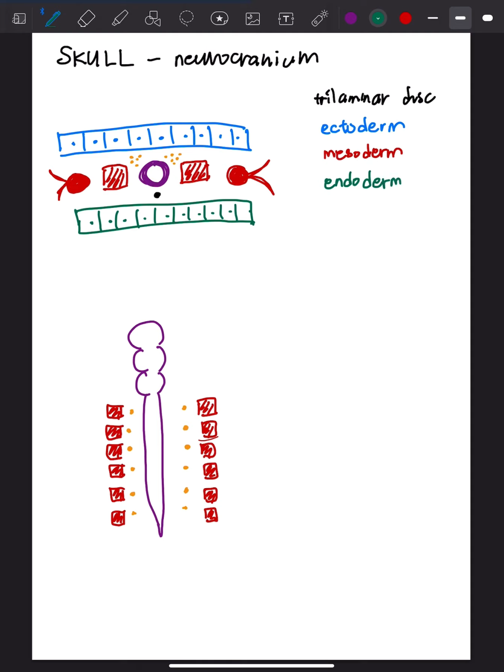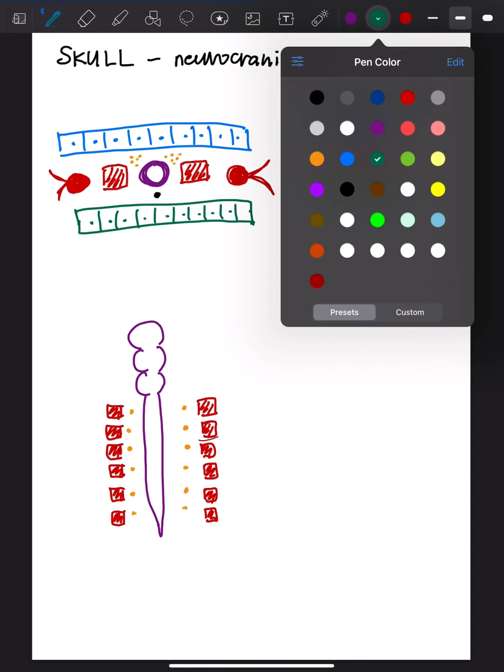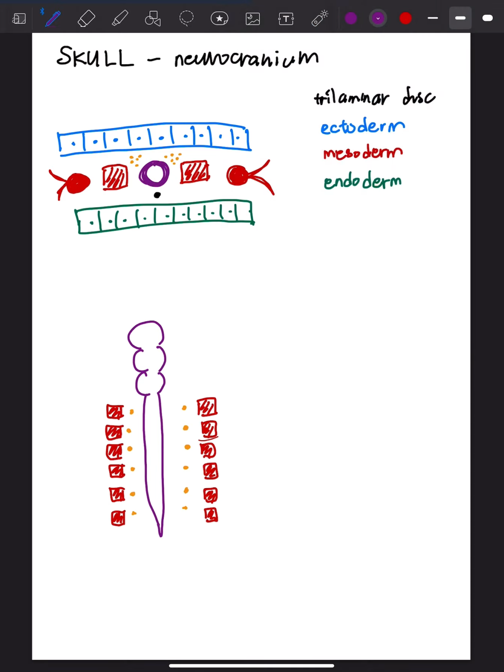And what are the other structures that we see in the midline here? These are coming from your ectoderm as well, like the neural tube here. During gastrulation, part of the ectoderm will invaginate inwards and form this neural tube.